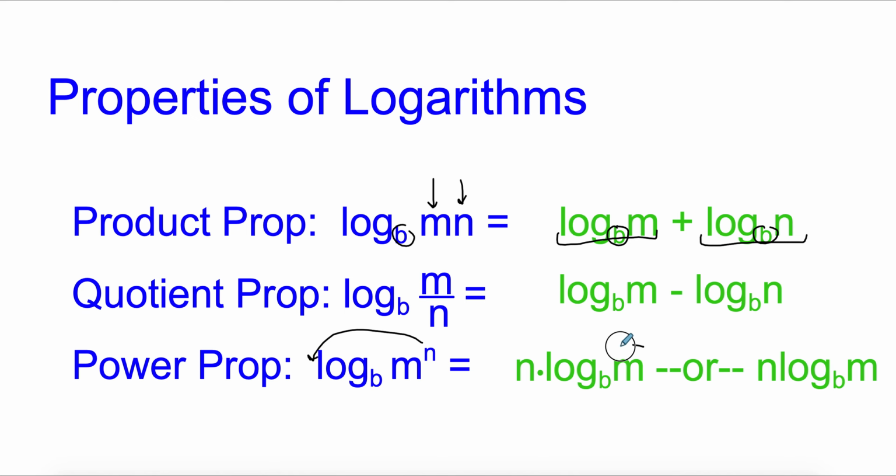Okay, so it looks like this, where the exponent is multiplying in that log. And this could bounce up top here to change it back to this. All right, so these are the properties that we're going to be using to carry us through today's lesson. They're pretty much going to be the entire lesson, just bouncing around using these properties.